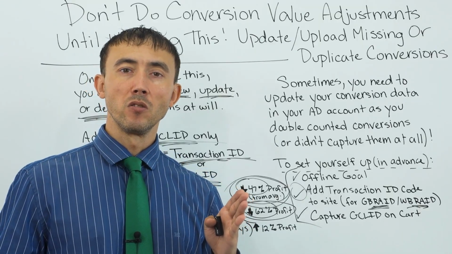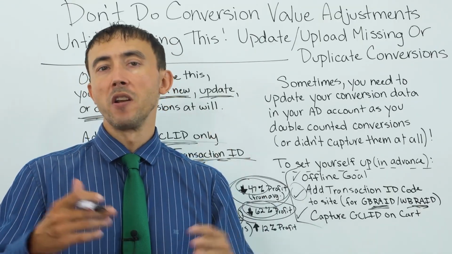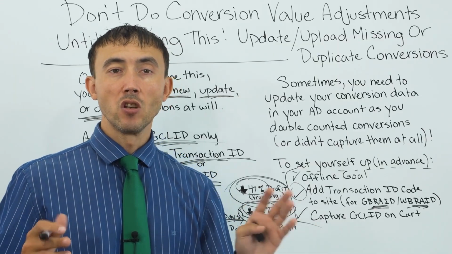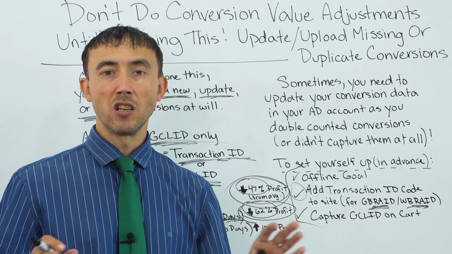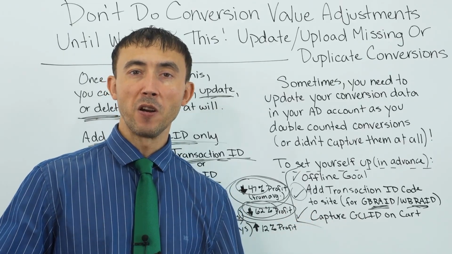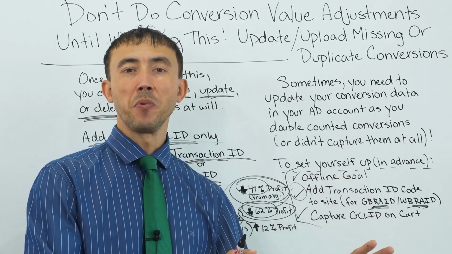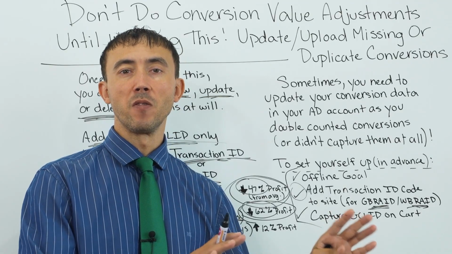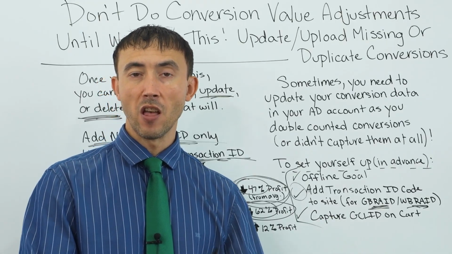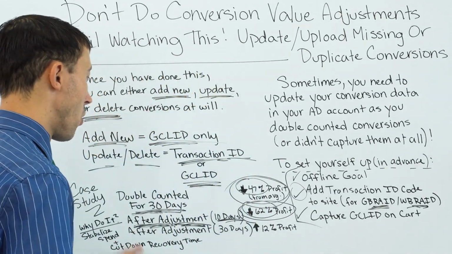We're talking 2, 3, 4 weeks. It's already going to be back the way that it was versus a month plus. So from what I've experienced, it can cut between 1/3 and 2/3 of the recovery time by simply correcting the conversions, getting rid of duplicates, and adding the conversions that were supposed to be added accordingly.